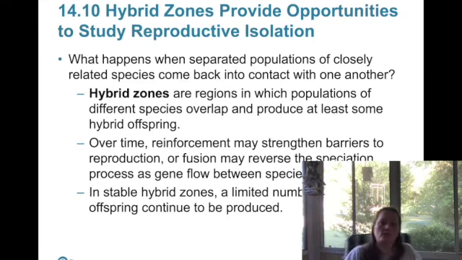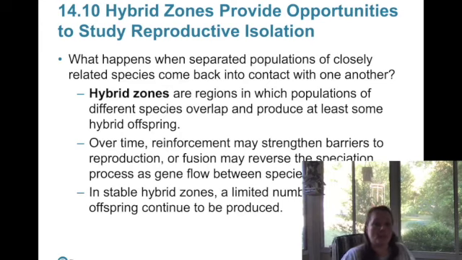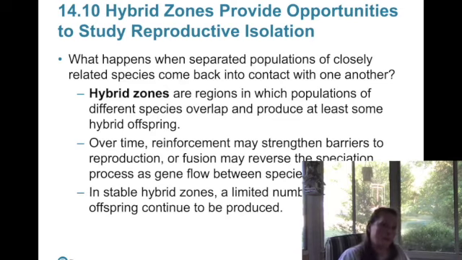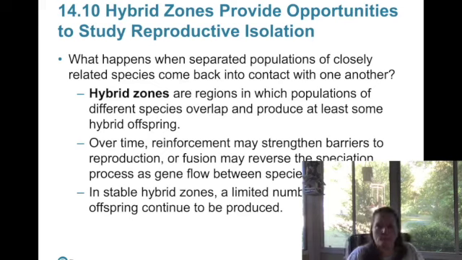Hybrid zones are regions in which populations of different species overlap and produce at least some hybrid offspring. Over a period of time, the reinforcement may strengthen the barriers to reproduction, or it may reverse the speciation and they go back to normal. So this would be an example of the Arctic char I mentioned before. If you bring them back to the lab, they would eventually merge back.